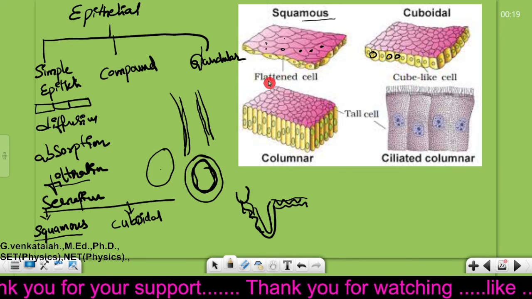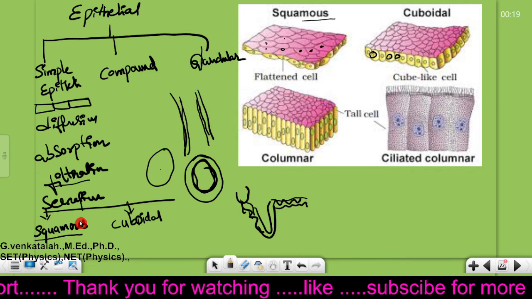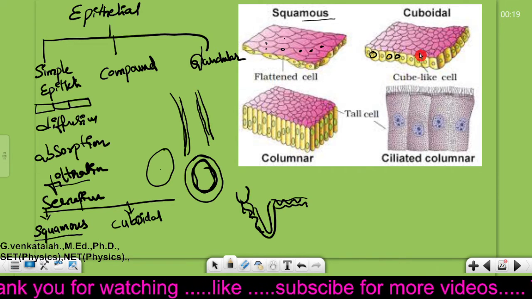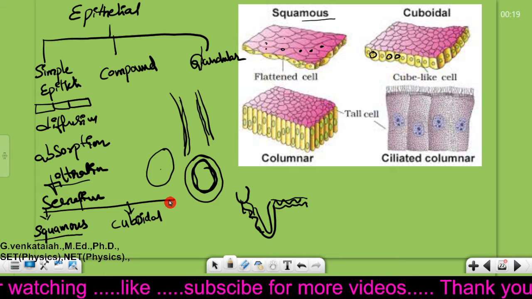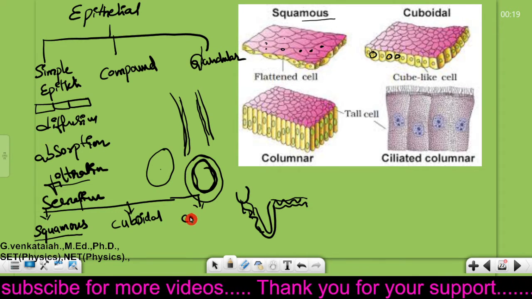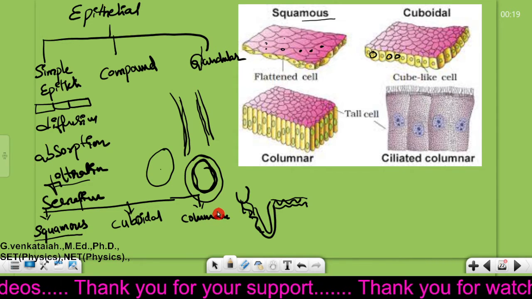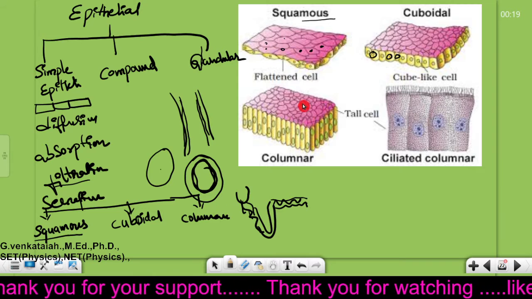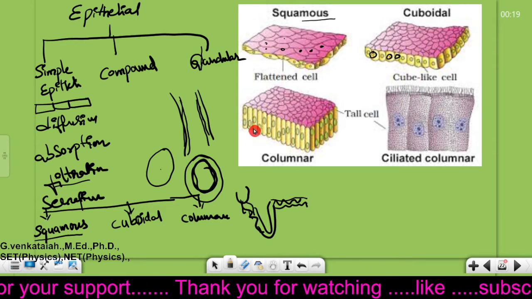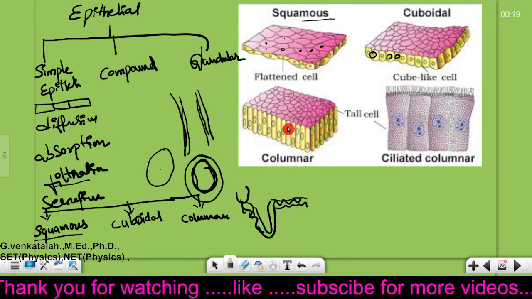First, depending upon the shape of the cell, there are squamous epithelial tissue, cuboidal epithelial tissue, and columnar epithelial tissue. In columnar epithelial tissue, the cells have a long, tall, cylindrical shape.